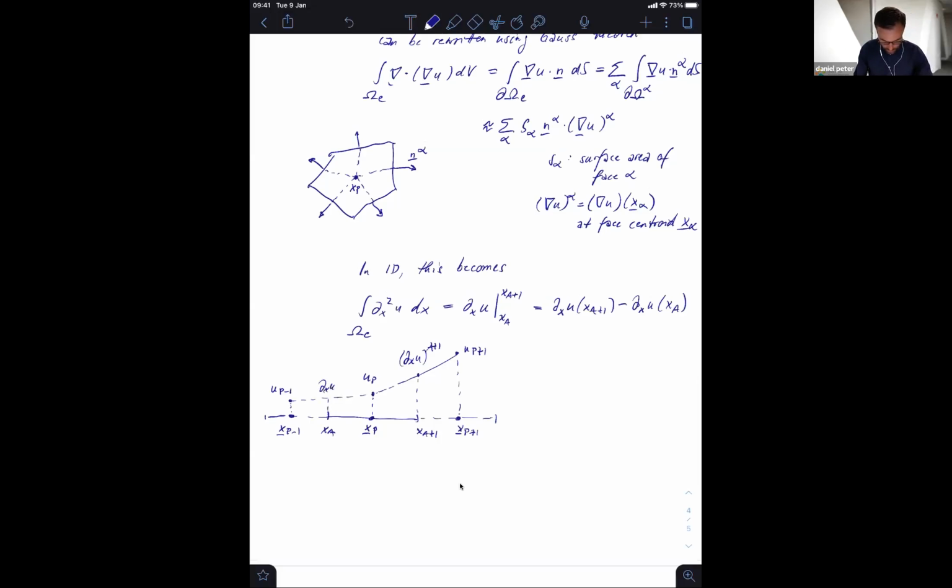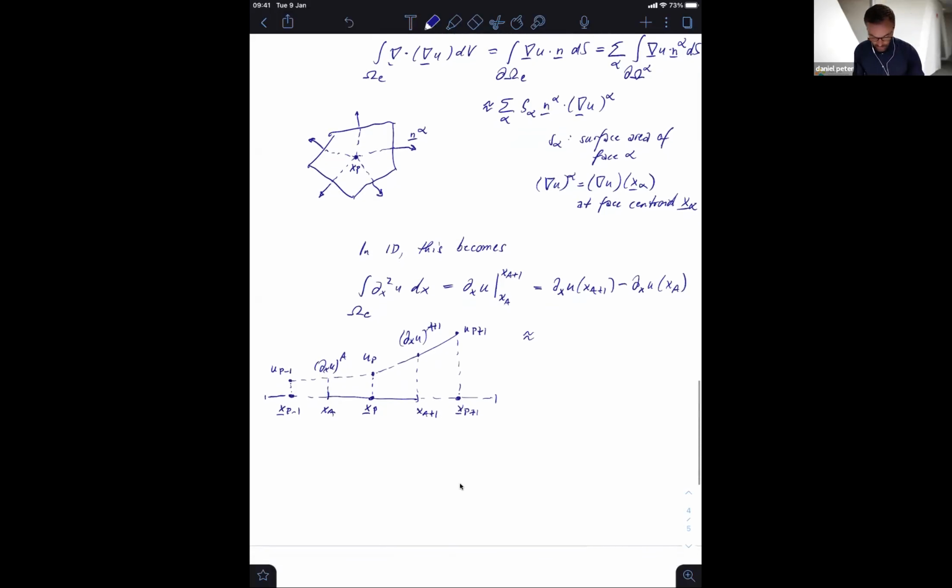Here we want to know what the grad of u is at position xa. So we approximate these derivatives using this central difference scheme.